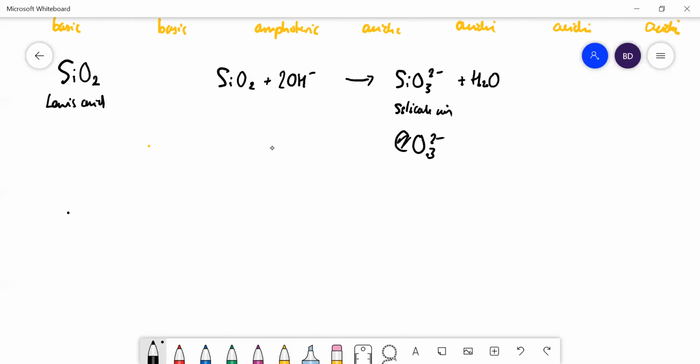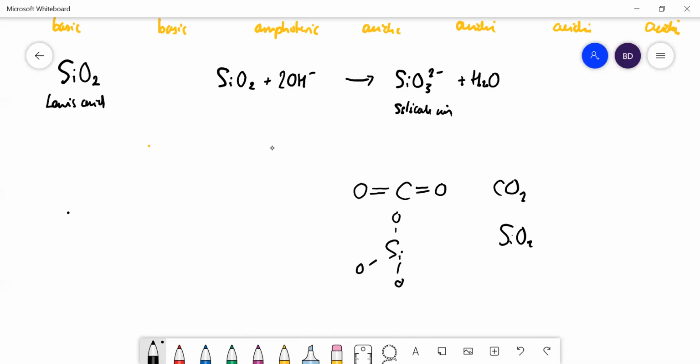Again, I think I've said this before, but let's contrast carbon dioxide, which is a simple covalent molecule, CO2. Superficially, SiO2 looks like it's got the same formula, but it's really different because it forms a giant covalent structure, because it forms 4 single bonds rather than 2 double bonds.